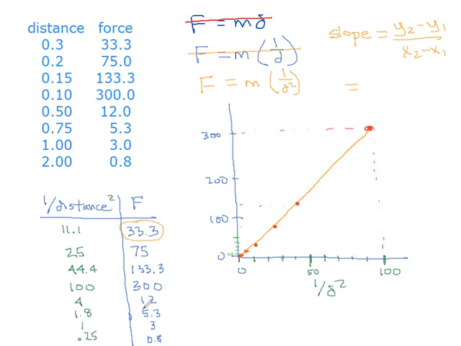Here's some numbers we can use on our graph, or from our table of values, sorry. If we use y2 minus y1, we get 33.3 minus 0.8. That's an 8 over 11.1 minus 0.25.